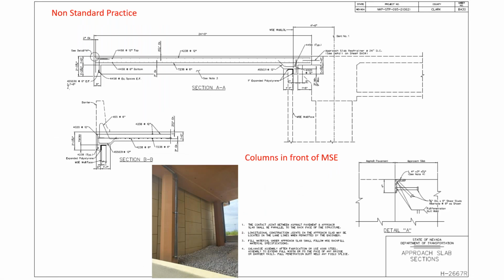Next, this was one of the first projects where we used columns in front of the MSC. Typically in NDOT, we put these columns behind the MSC so you don't see them. But for this particular case, we wanted to make this independent from the MSC structure.